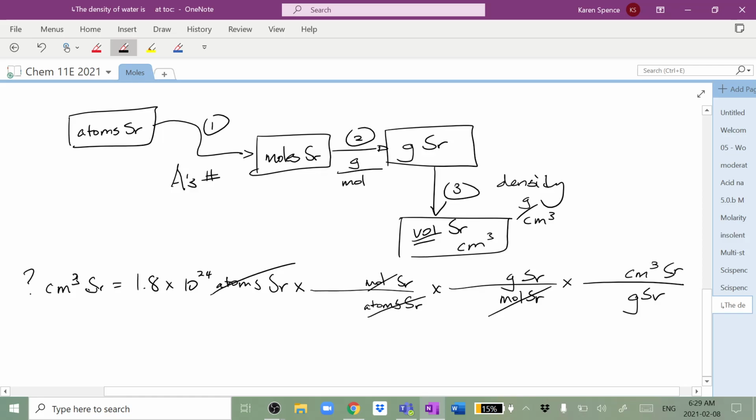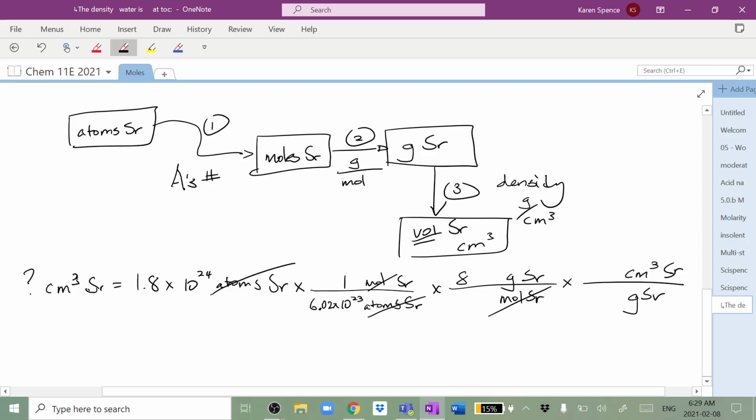And let's go back. Conversion factor between particles and moles is 6.02 times 10 to the 23. Don't forget, if you're doing an AP exam, you're not going to use 6.02, you're going to use 6.022 times 10 to the 23. But we're not going to worry about that for now. 1 mole. Grams of strontium, well, look that up on your periodic table.